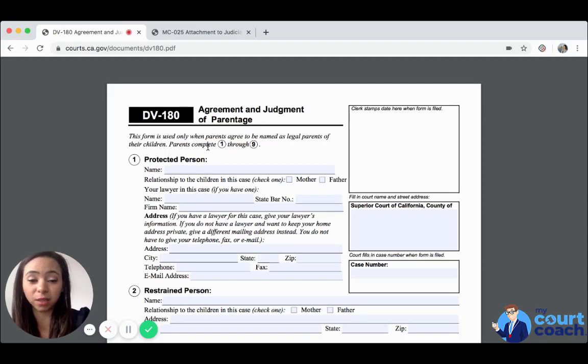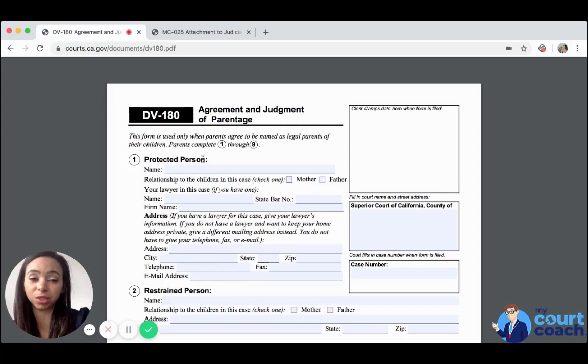So you do need to have this completed before your restraining order hearing, because this is only within the context of a restraining order. And if the court does order child custody and visitation, but yet you don't have any court orders stating that you are the parent of the child or children, then this form would help establish that parentage.